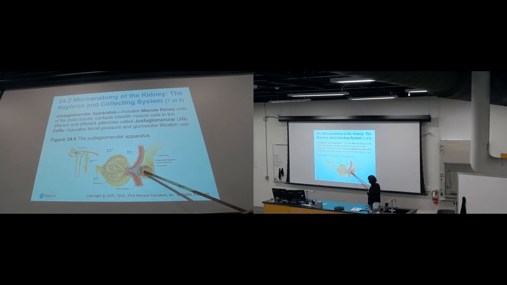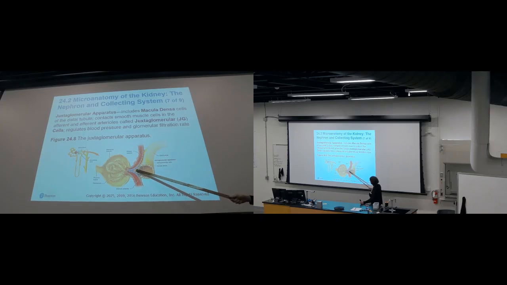Now, between the distal tubule and the glomerular capsule, the glomerulus itself and the corpuscle, you have a group of cells that is called the juxtaglomerular apparatus, that is made by the juxtaglomerular cells in here.